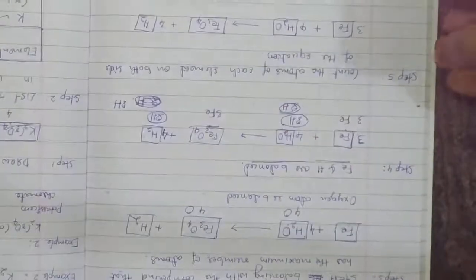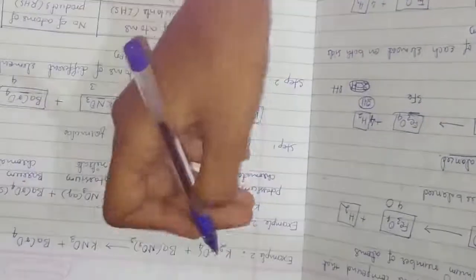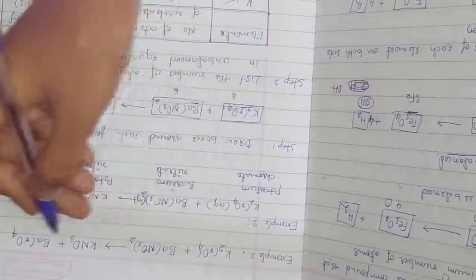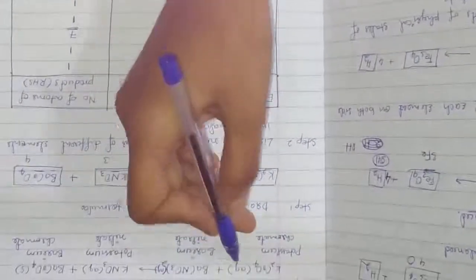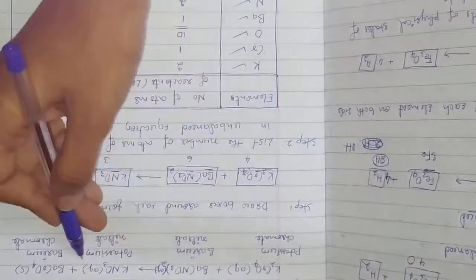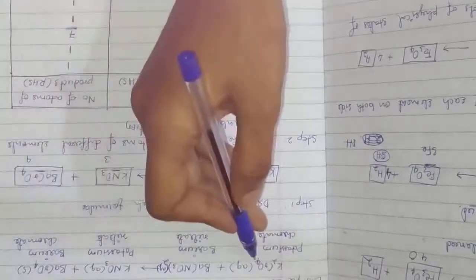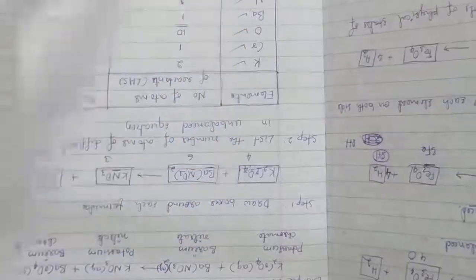Initially I told you that in the question only they have mentioned the physical state of the reactants and products. So you copy this physical state as it is here.